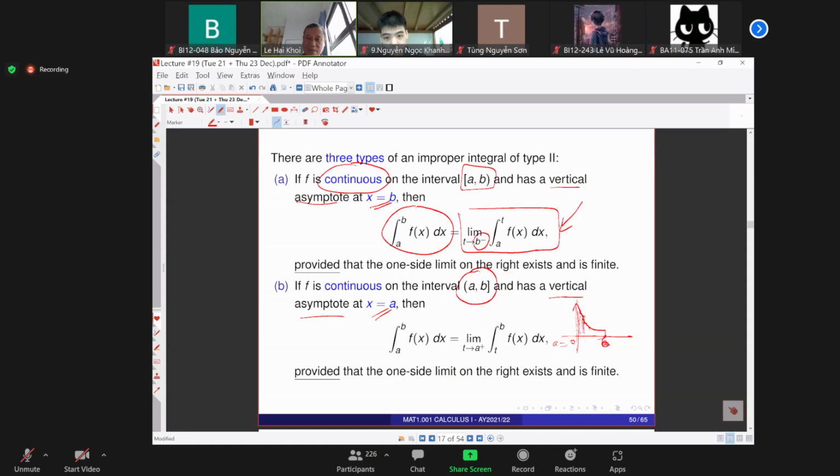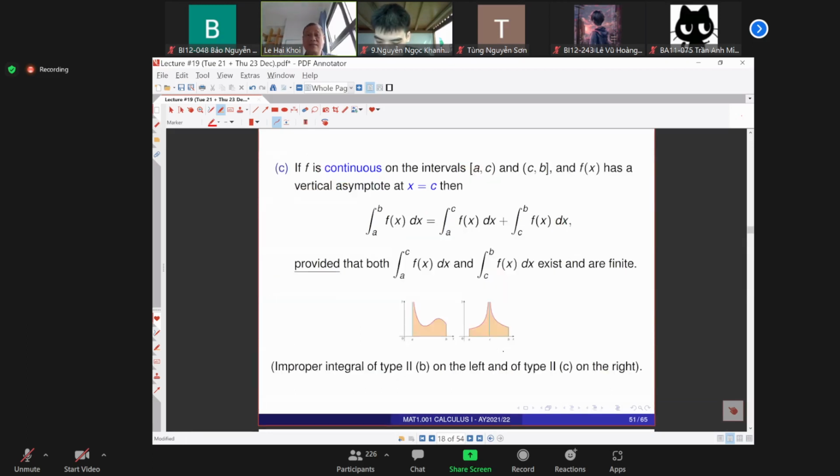You stop at some t, compute the integral from t to b, and let t tend to a from the right of a, which means a plus. Again, provided that this one-sided limit exists and is finite. So the difference is, for the right end, we let t tend to b minus. For the left end, you let t tend to a plus, because you should stay inside the interval a b.